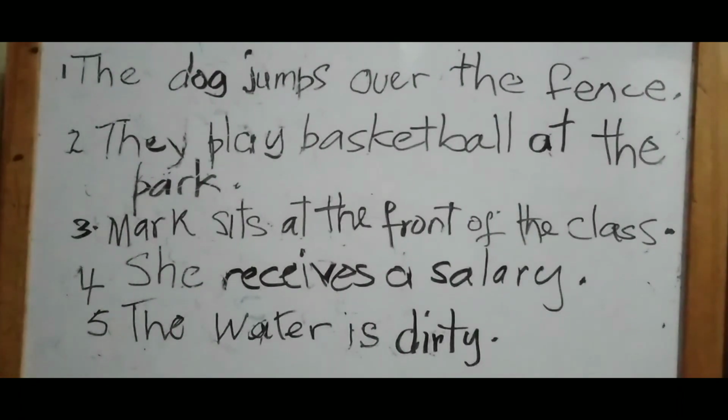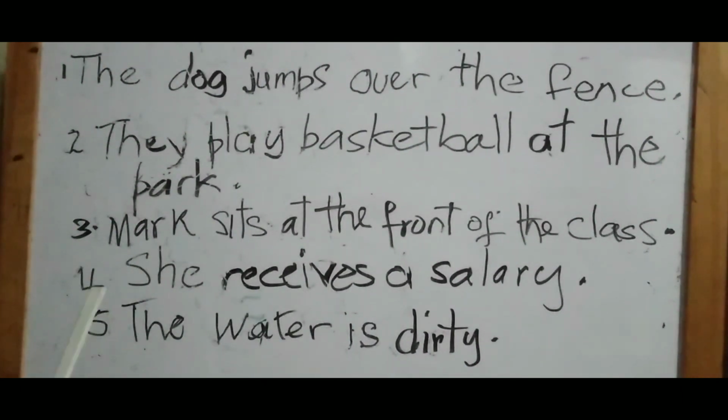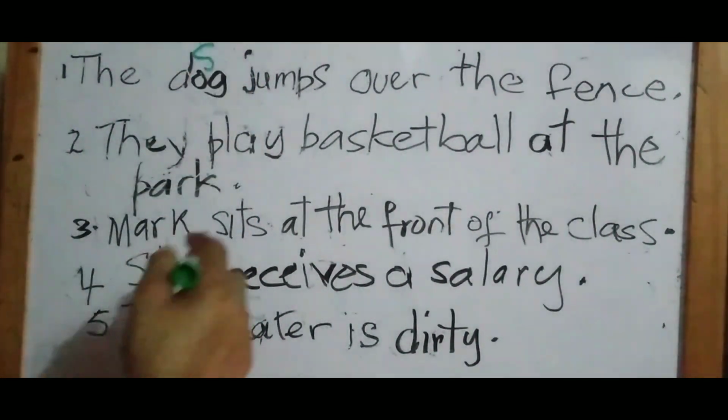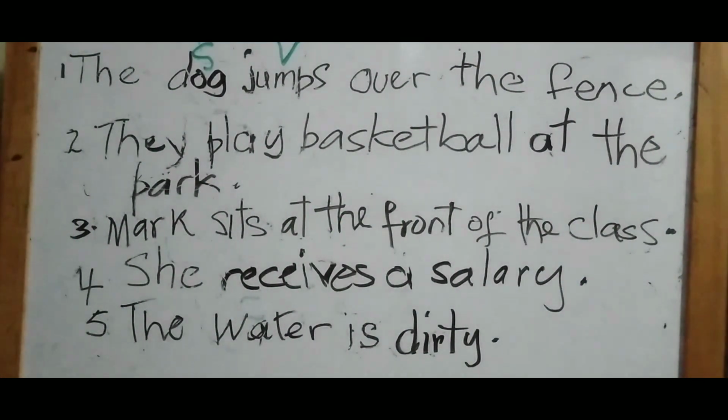So the first sentence reads, the dog jumps over the fence. Now, the sentence is about the dog. What does the dog do? Jump. All right, so let us identify this. So put an S here for subject and V for verb. And there's an important thing I need to point out here.